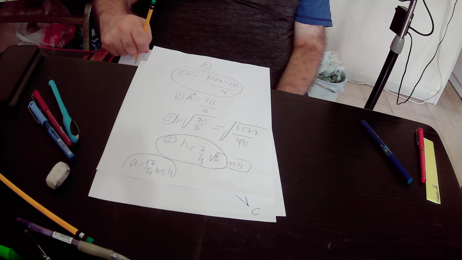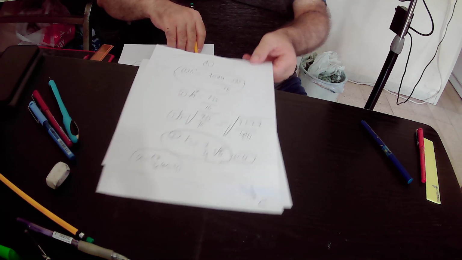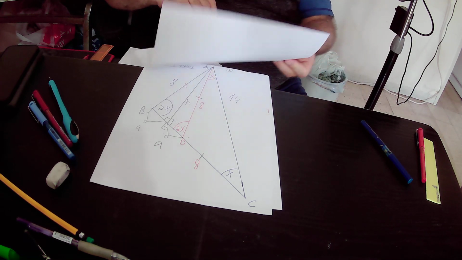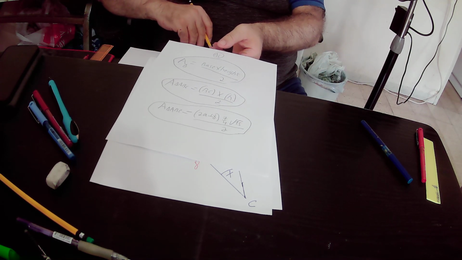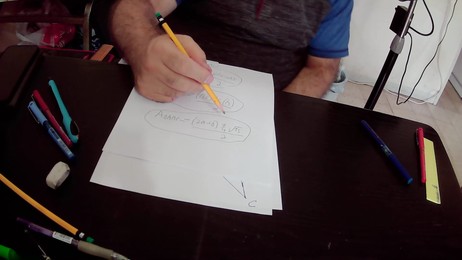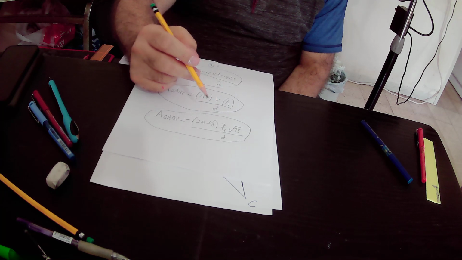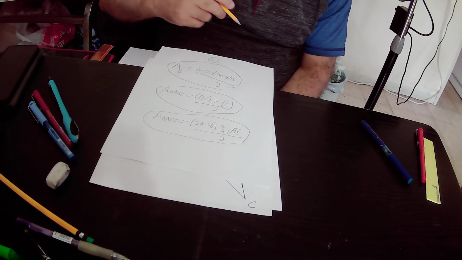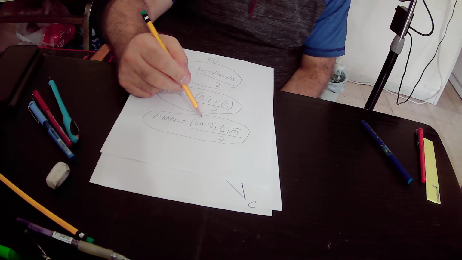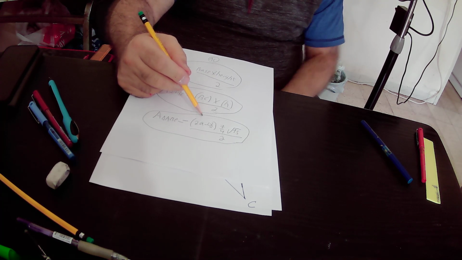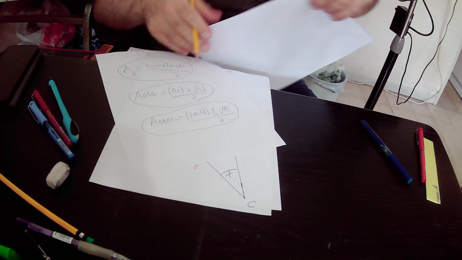So the area of triangle ABC equals 2A plus 8 times 7 over 4 times root 15 over 2 square units. And we have already found out that the value of A is 17 over 4 units.